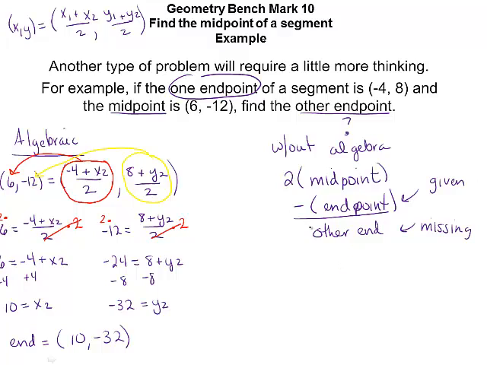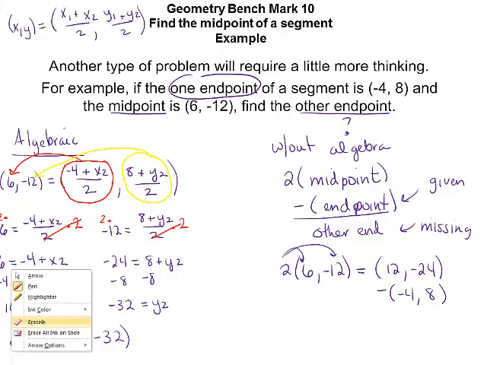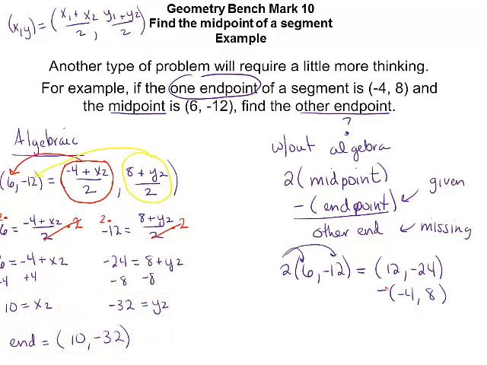Okay, so I'm going to take the midpoint and multiply it by 2, which is going to give me 12, negative 24. Right, because I'm going to multiply that 2 in. And then I'm going to subtract my endpoint, which is negative 4, 8. And when I subtract, I also need to bring that negative in. So negative 4 becomes plus 4, and minus 8 becomes negative 8.